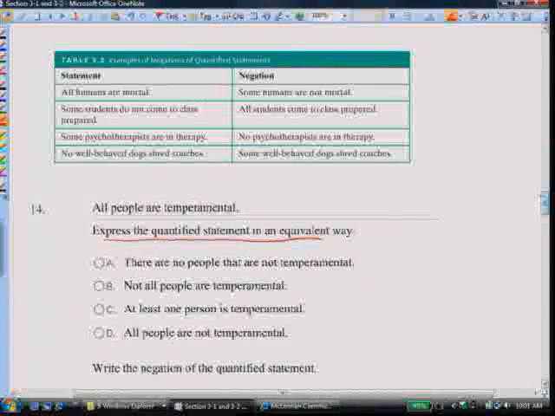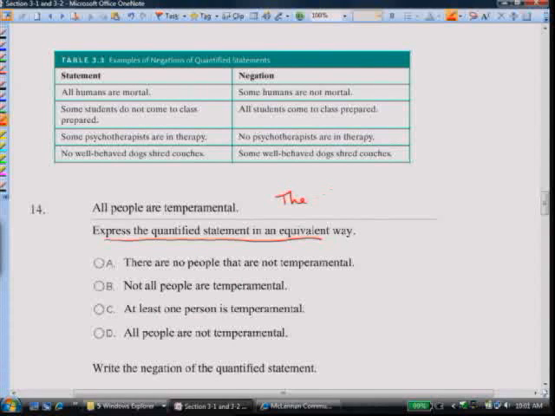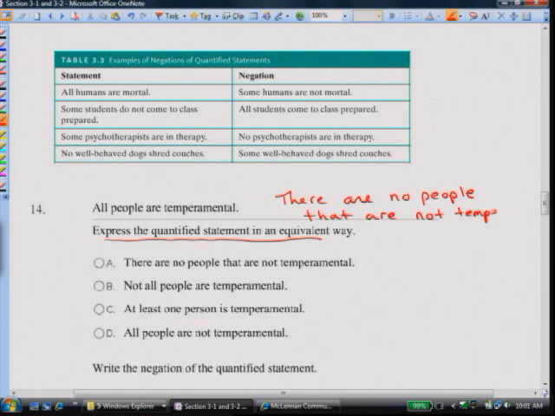So if we have all people are temperamental, we could say there are no people that are not temperamental. Now that may not be the one we choose, but that's kind of how I'm thinking about it. Is there one like that?